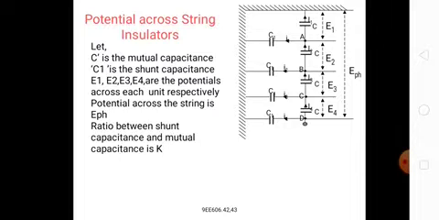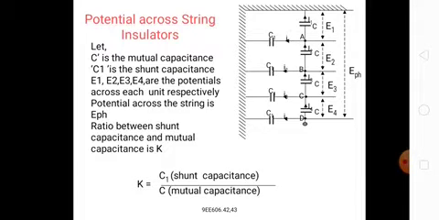The ratio between shunt capacitance and mutual capacitance is K. K is equal to C1 by C, that is, shunt capacitance by mutual capacitance.